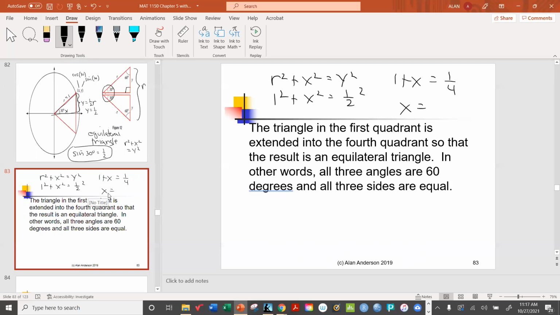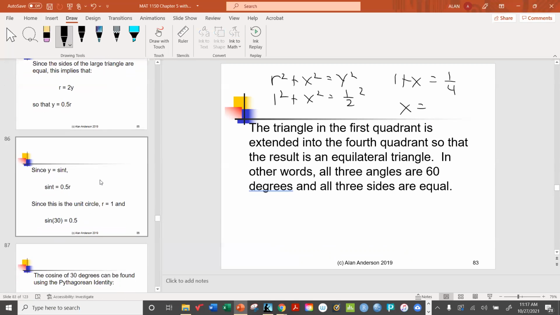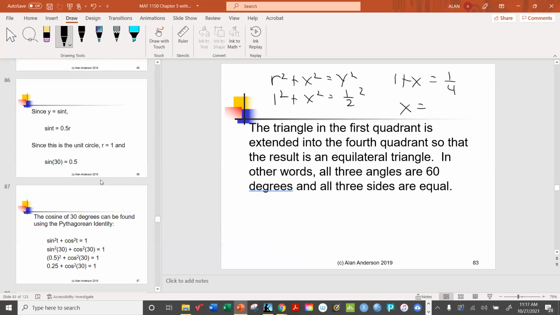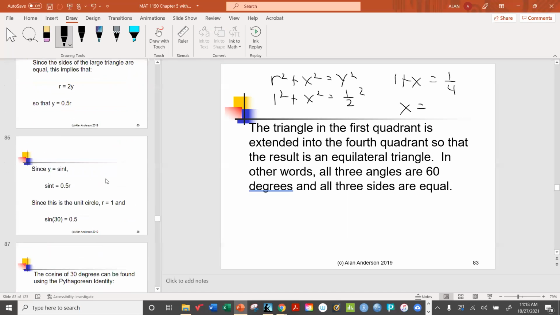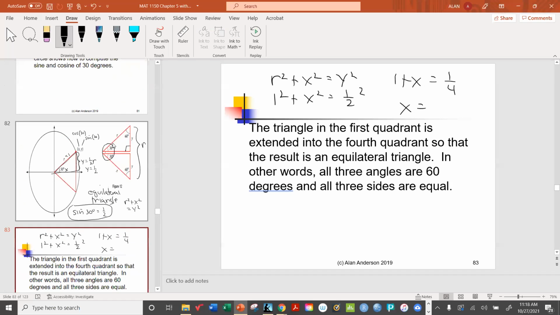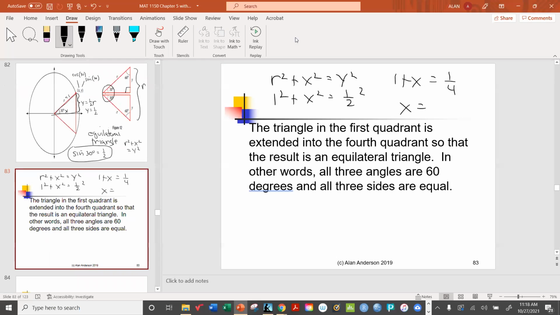Hold on a second. No, I obviously did something wrong. The hypotenuse here is r. So I've set this up incorrectly. Sorry. That's why. Okay.